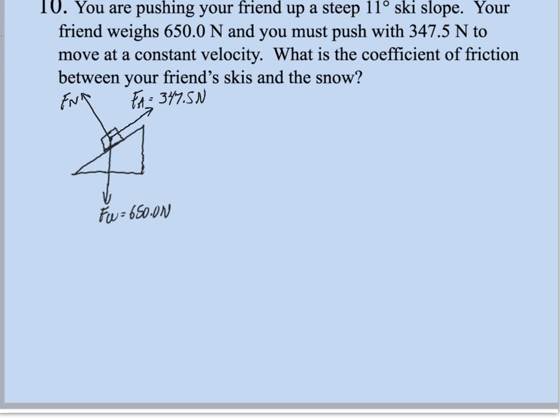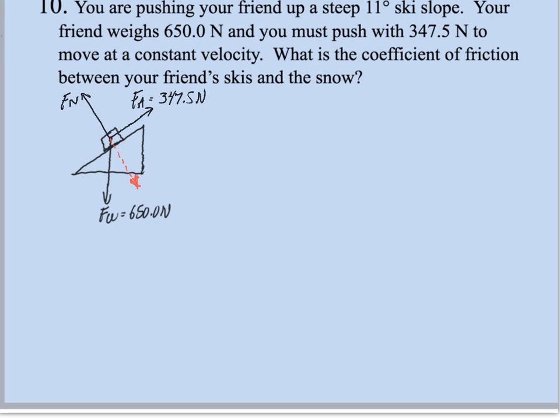All right, let's draw our components for our weight vector. We always start from the center of the object, and we draw our FWY. Again, we know that they are going to make a 90-degree angle.